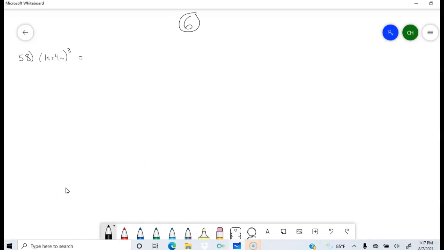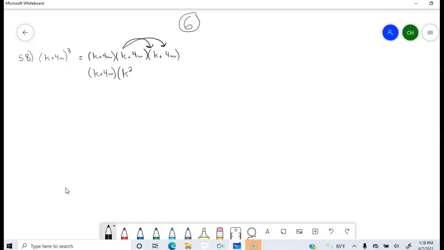Okay, the last sample problem for this section. I just added one extra variable in there. K plus 4w times k plus 4w times k plus 4w. Just going to carry this one down. Focus on these two. K times k is k squared.